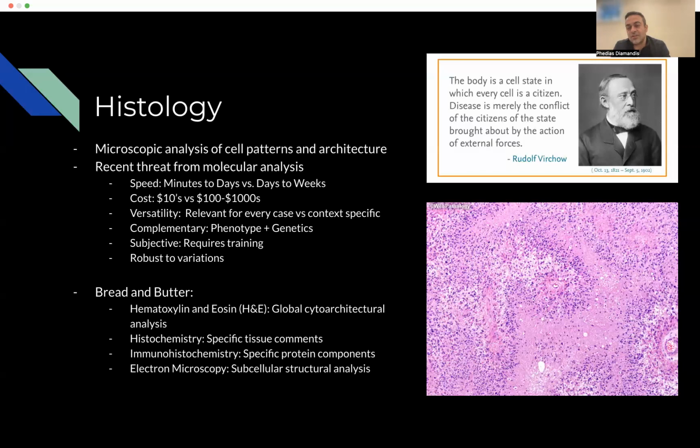So this is truly the first single cell technology that has been invented, and it has so much power due to its ability to make inferences from the overall cytoarchitectural pattern within disease.